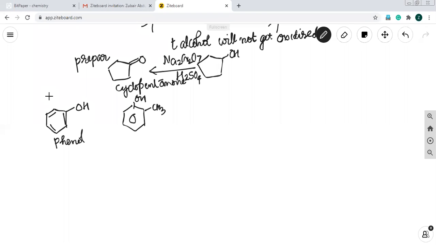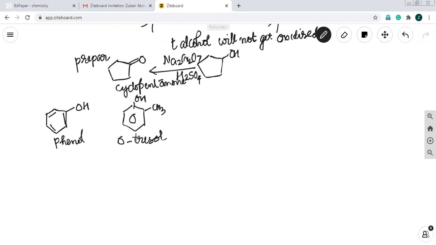Now I can put a CH3 on the ring next to the OH. So that is called cresol, orthocresol. Cresols. And then if CH3 is here, you will call it meta.